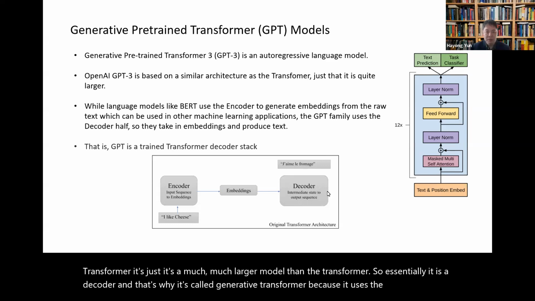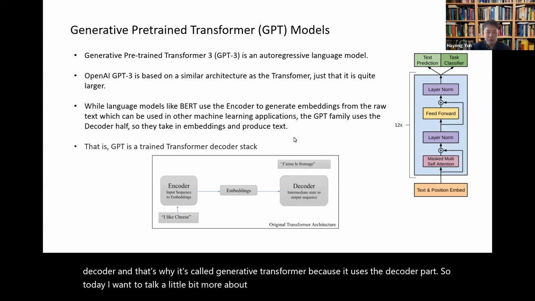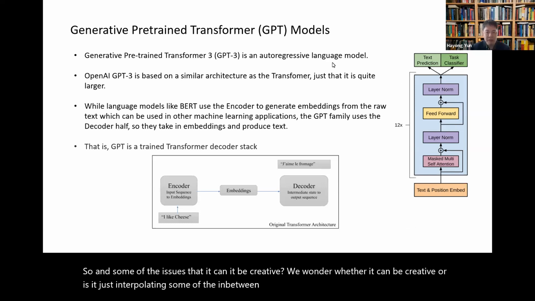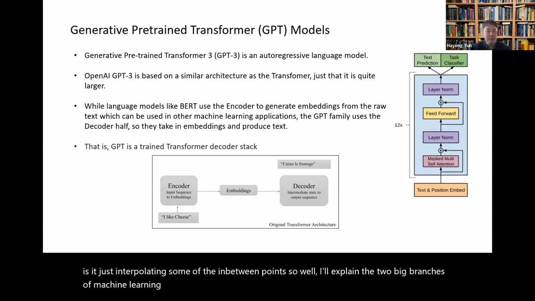Today, I want to talk a little bit more about what it means to be generative, and whether ChatGPT can be creative, or is it just interpolating some of the in-between points? I'll explain the two big branches of machine learning, discriminative and generative.